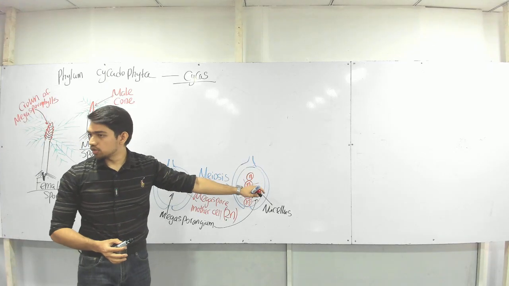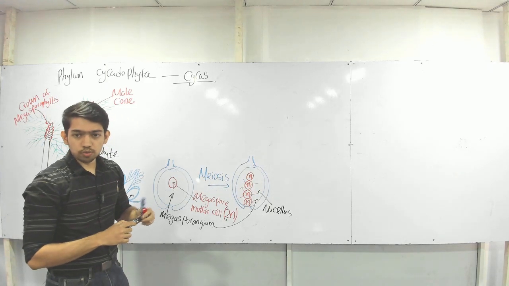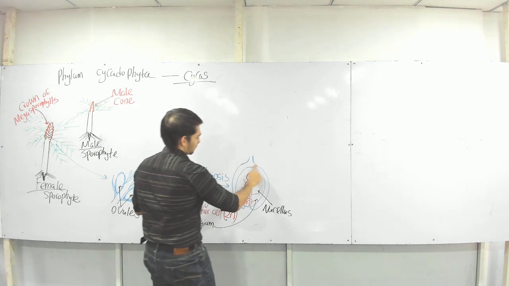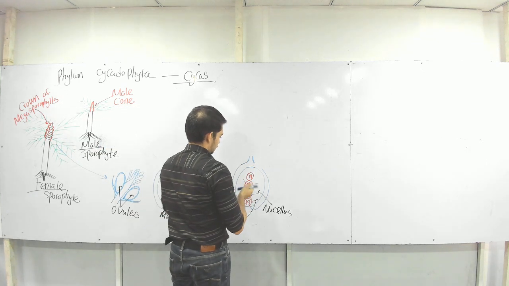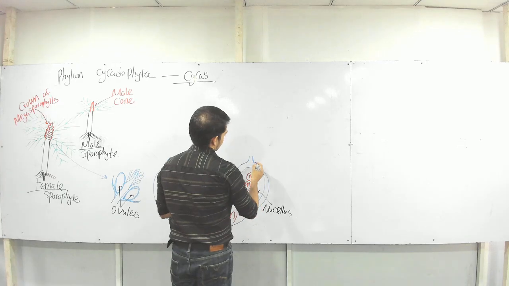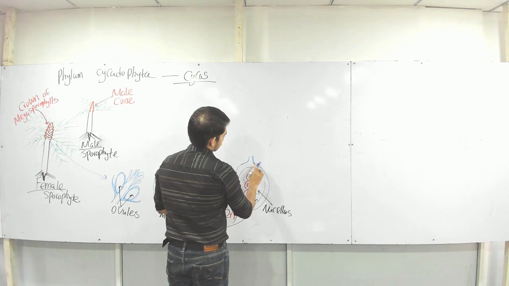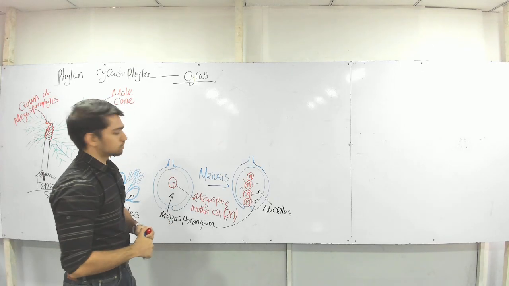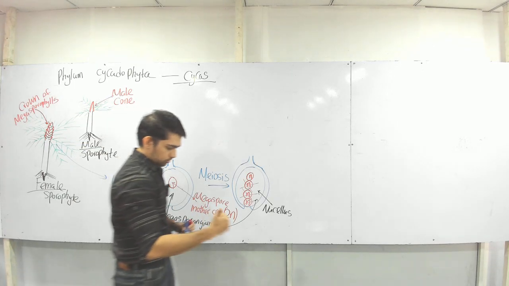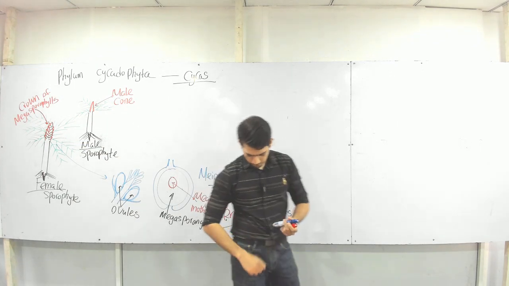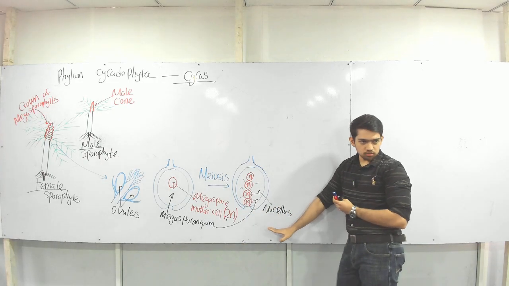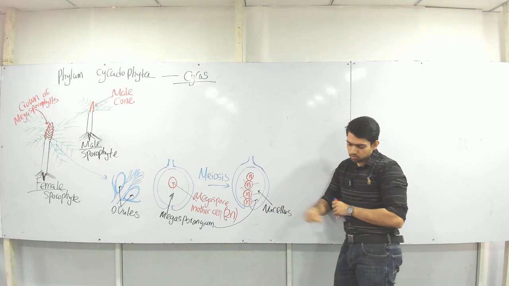A mature ovule. Gradually becoming a mature ovule ready to be fertilized. Okay. So we are up to there. So the remaining megasporangial tissue functions as nucellus. Right? Nucellus.